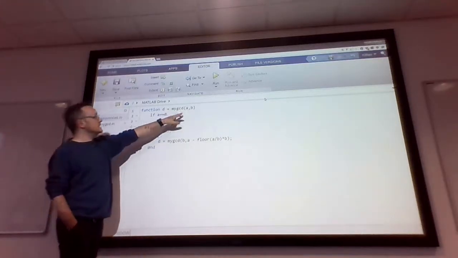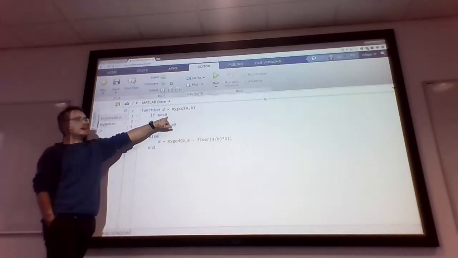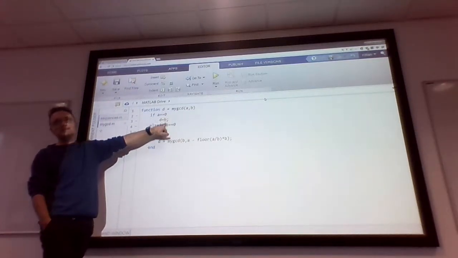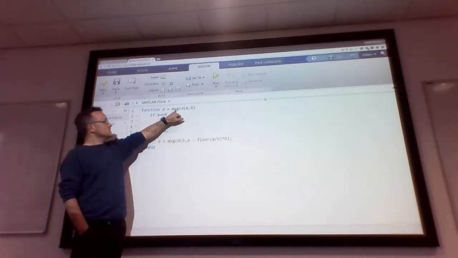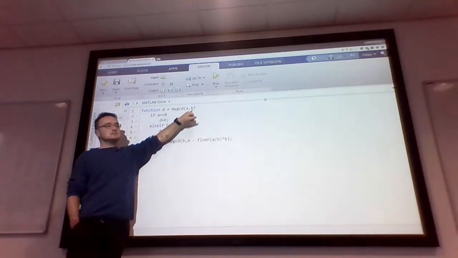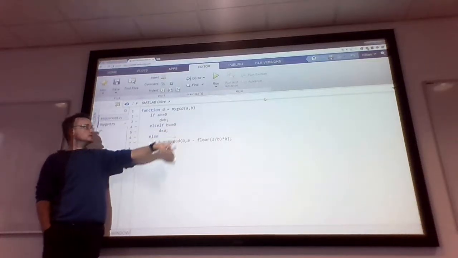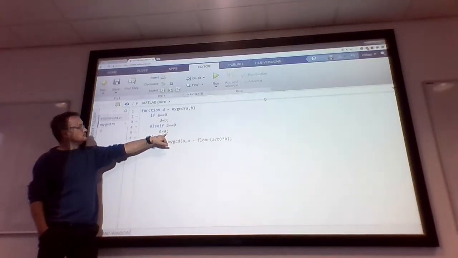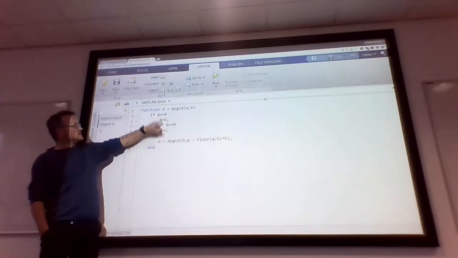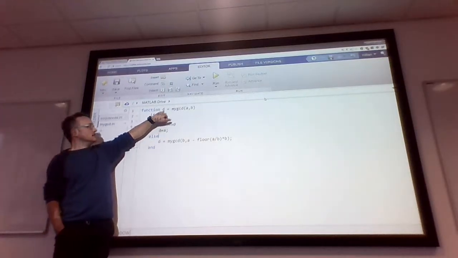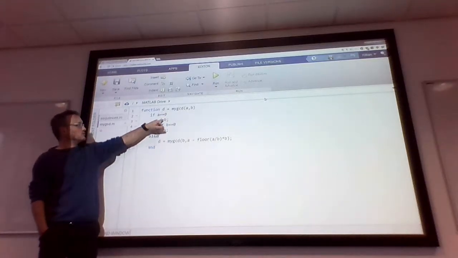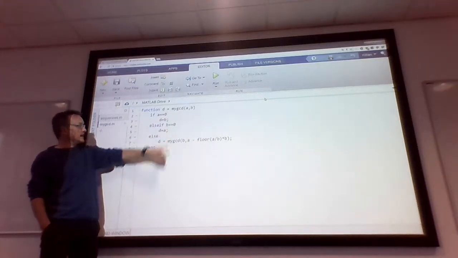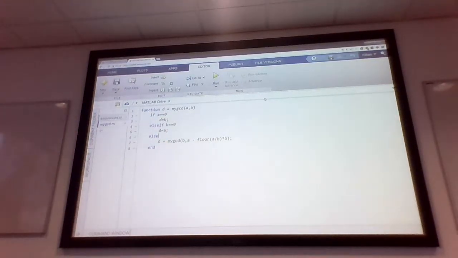So the GCD of 0 and b, that's the case where a is 0, will automatically be b. The GCD of a and 0, that happens when b is 0, the GCD will automatically be a. So if either of those cases happen, the output of the myGCD function will be the corresponding thing, b or a. It will be the correct GCD.